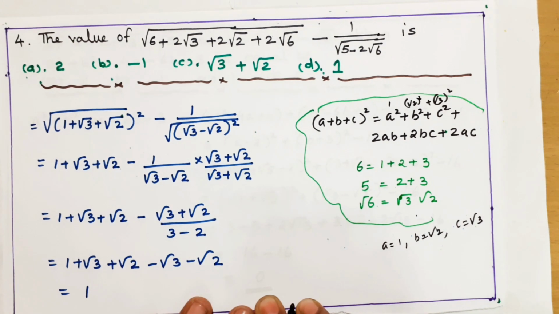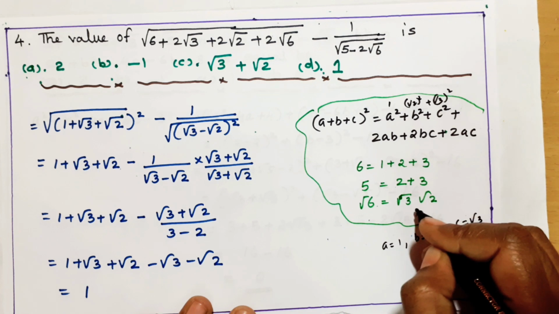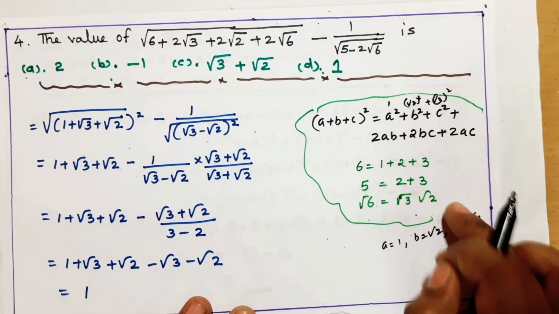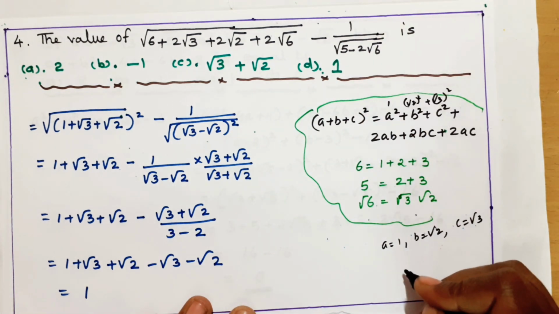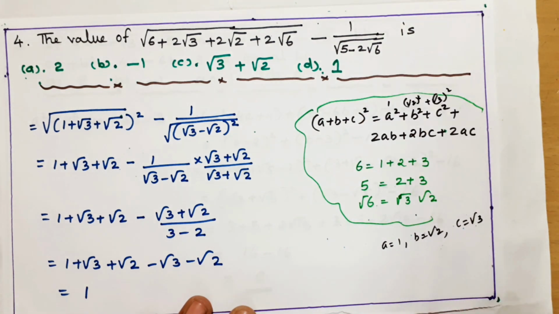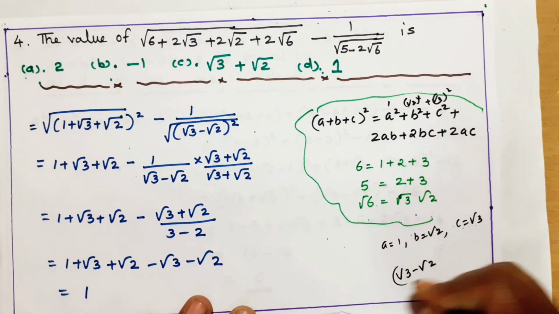We can write 2 root 6 as 2 into root 3 into root 2. So I am taking this number and I can write it as (root 3 minus root 2) the whole square.